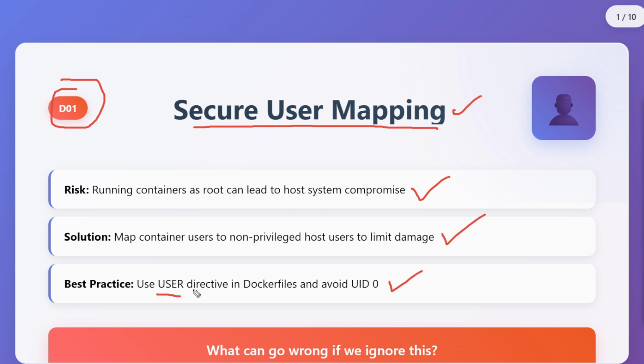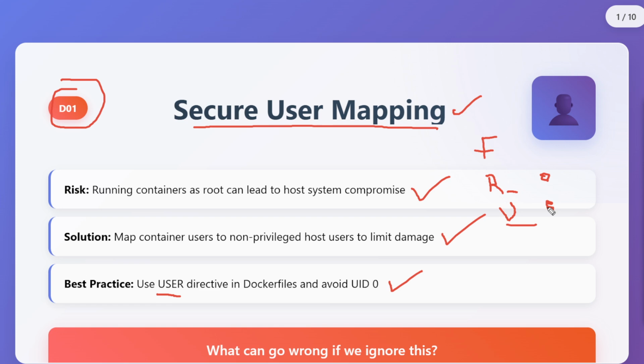If you look at the Dockerfile structure, we write a FROM. After that, we run a command. In that RUN, we use adduser -m and specify the username. Then we specify the USER directive, and whatever username was specified here should be specified in the USER directive.